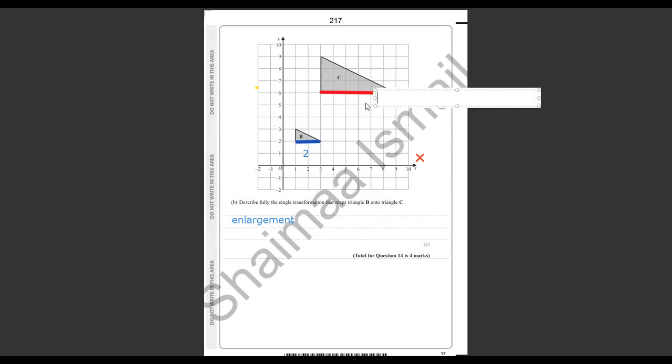Now the enlargement is from 2 to 6, so it will be an enlargement by scale factor 3.